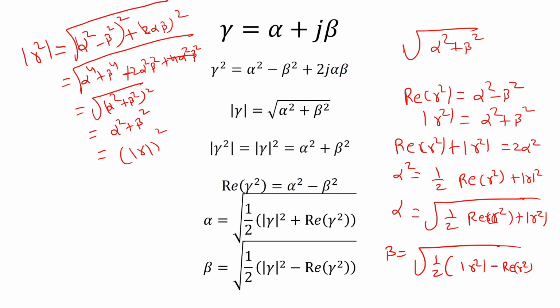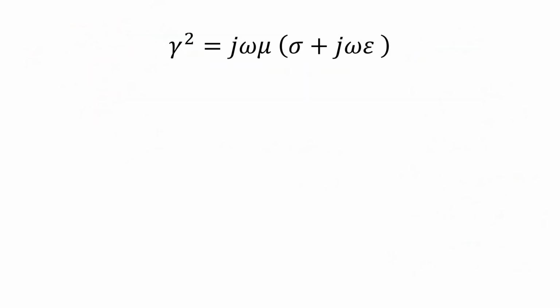If we go back to the value of gamma square I had, gamma square is equal to j omega mu (sigma plus j omega epsilon). I can rewrite this as j omega mu sigma plus j square omega square mu epsilon, whereas j square is minus 1, so this is converted into minus omega square mu epsilon plus j omega mu sigma.